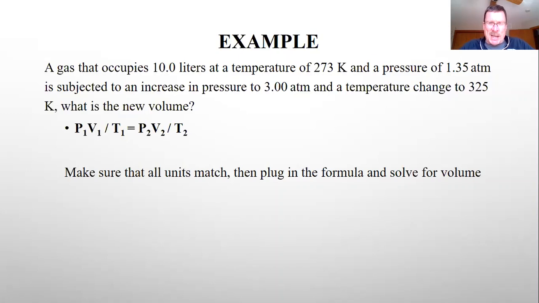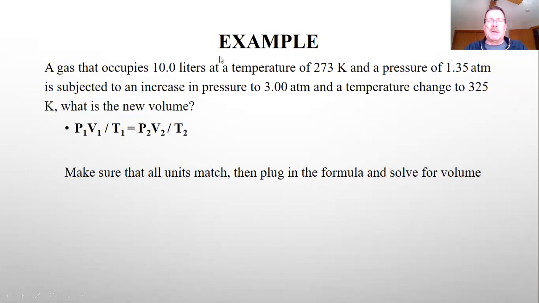You have a gas that occupies 10 liters at a temperature of 273 Kelvin, and it's at a pressure of 1.35 atmospheres. Now, the pressure increases to 3 atmospheres, and the temperature changes to 325 Kelvin. What's the new volume? And again, be careful here. Keep values together.